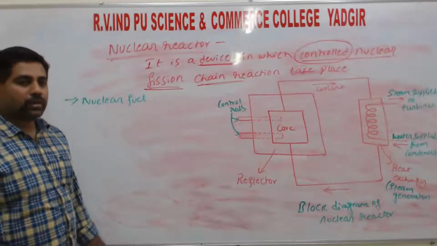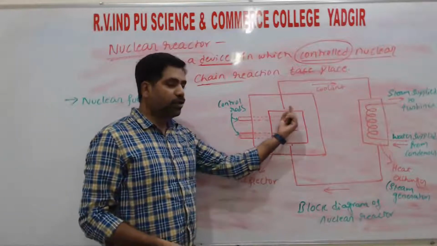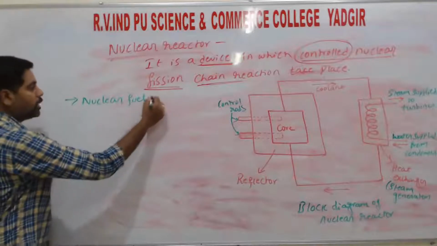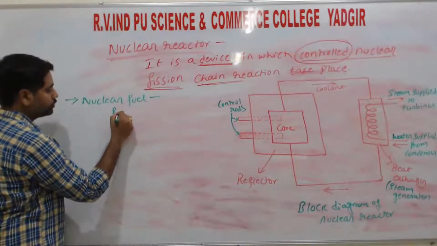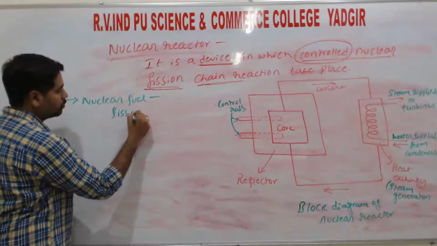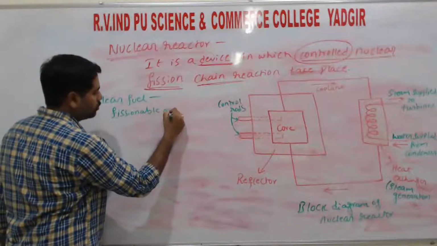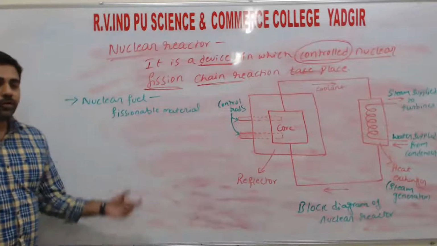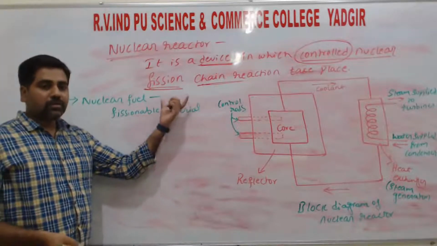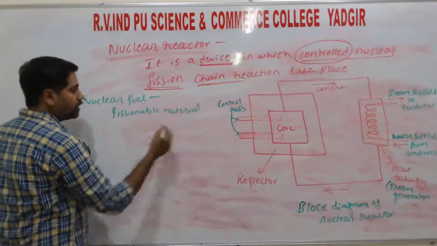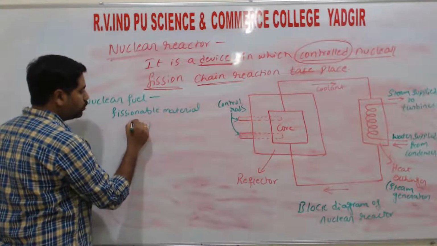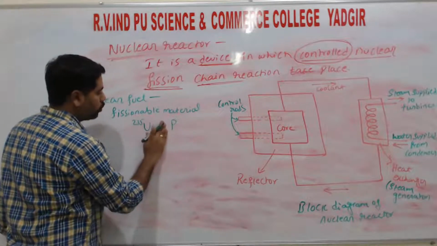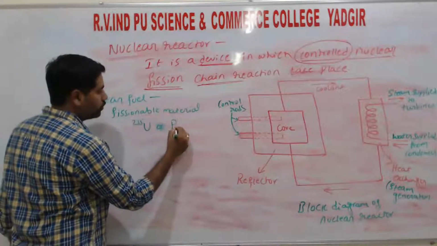Nuclear fuel is nothing but fissionable material, that means the heavier nucleus. Here in the nuclear reactor we are using uranium 235 or plutonium, either one.